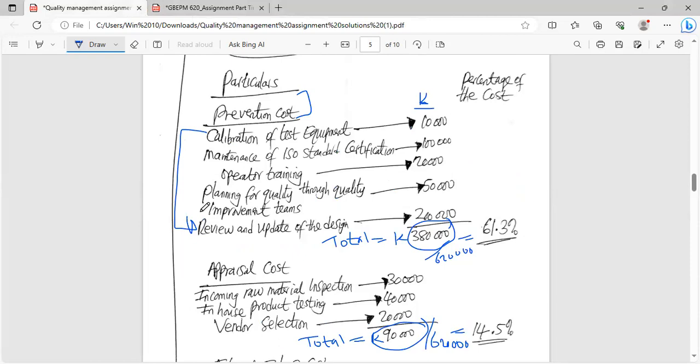Then getting down to appraisal. So appraisal is incoming in-house product testing, incoming inspection, product testing, vendor selection. So these ones are appraisal.